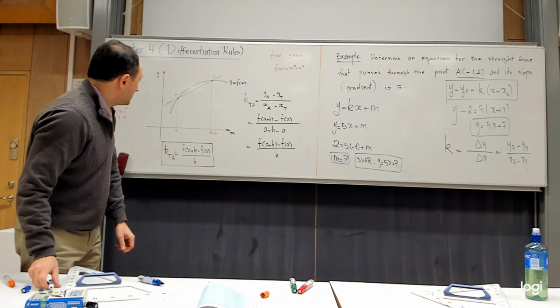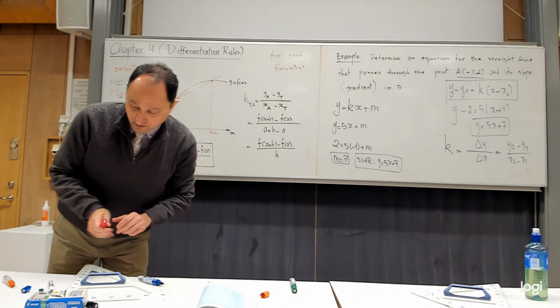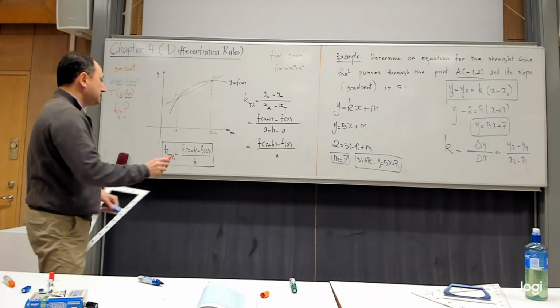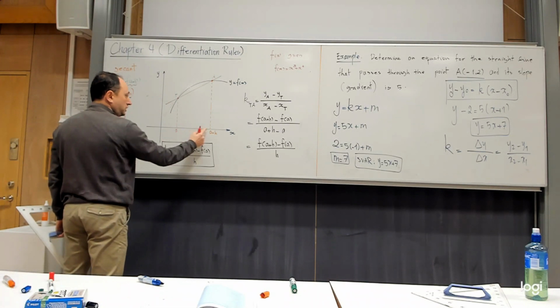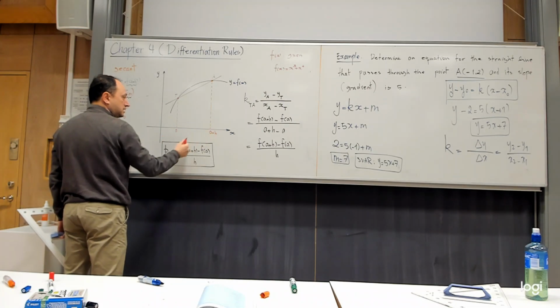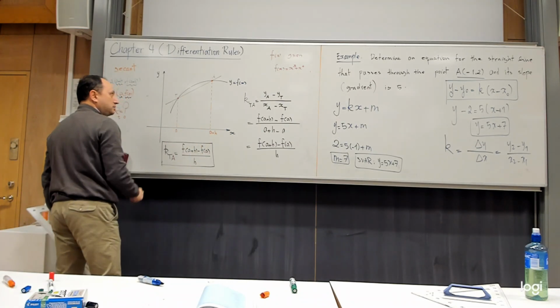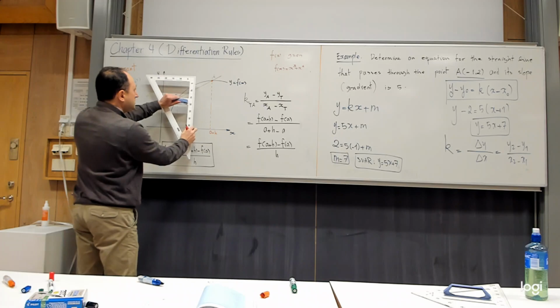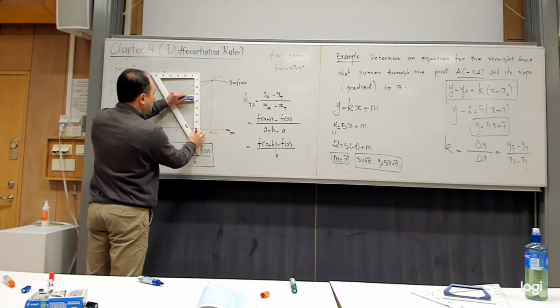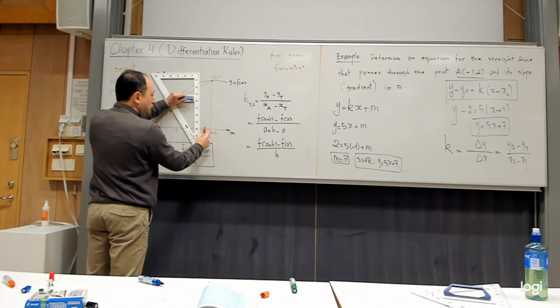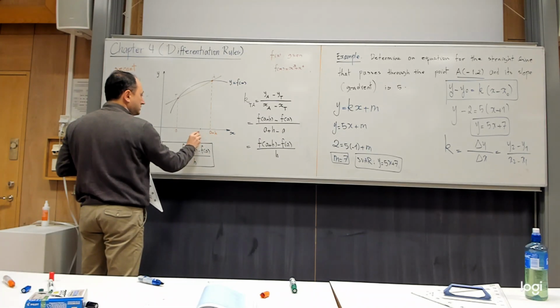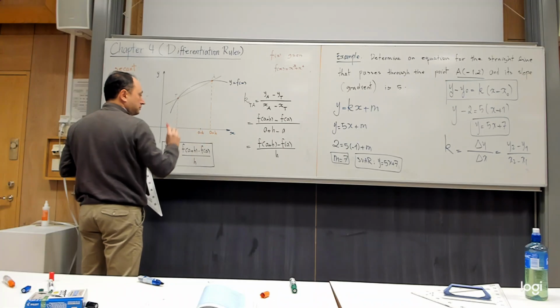So let me change my color a little bit here, with the red one. From here to here is h units. But let me make this h a little bit smaller. If I make this h a little bit smaller, let us see what happens. Instead of going up to here, I will go, for example, up to here. Let us consider that this is a plus h this time.